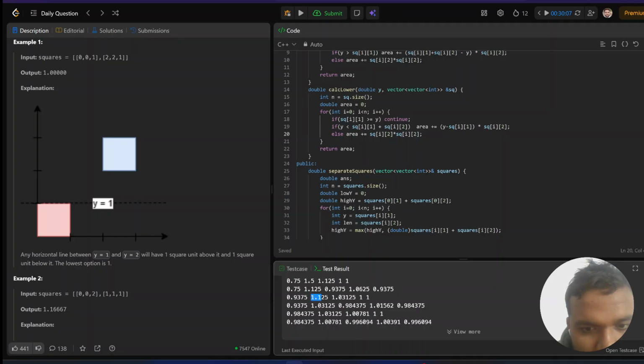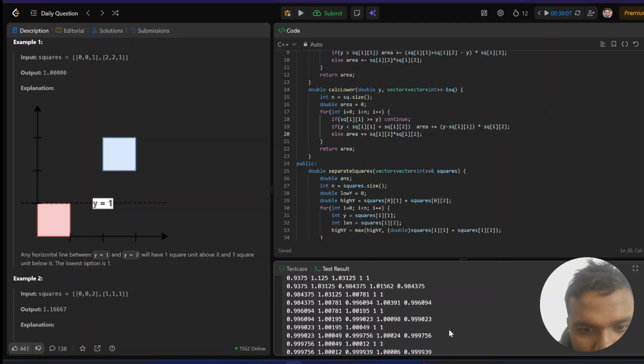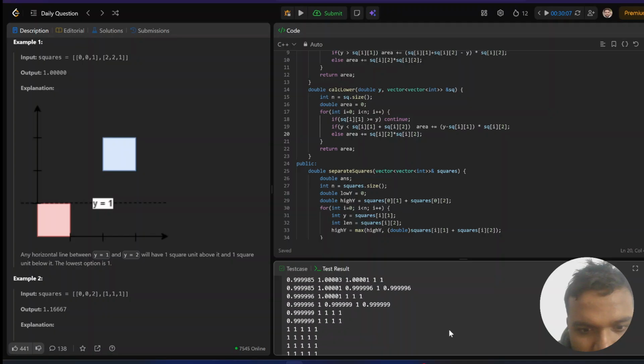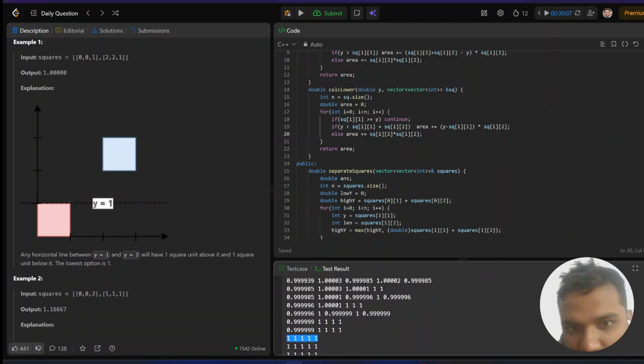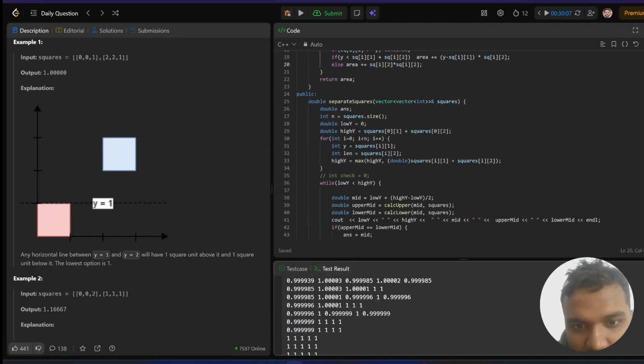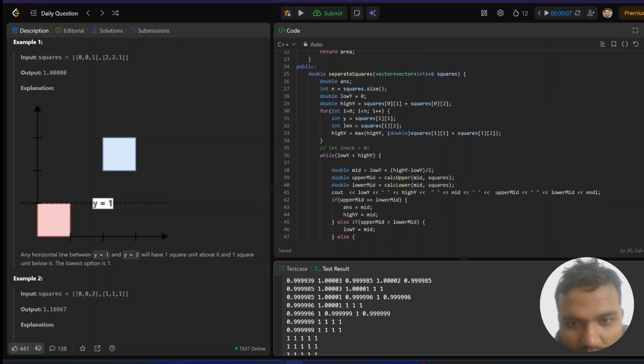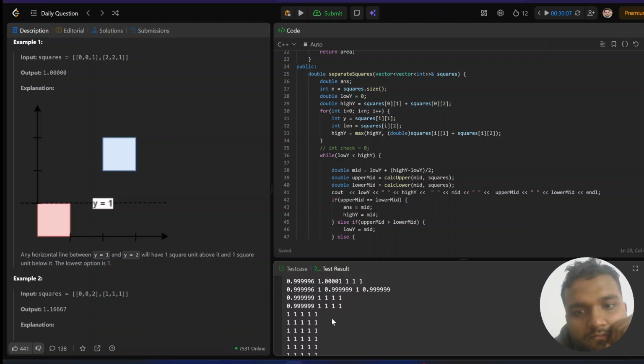Again, 1.03, 1, 1, 1. So at a specific time, everything lies on 1. Our low is 1, high becomes 1, mid becomes 1, areas are 1, 1.